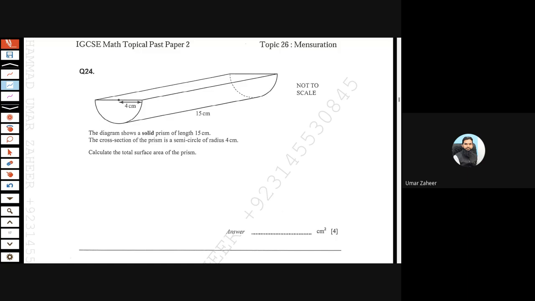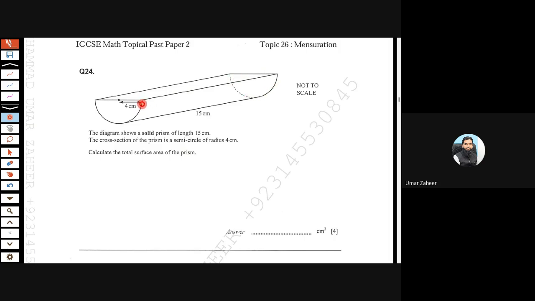Yes, this is an interesting one. The diagram shows a solid prism of length 15 centimeter. The cross section of the prism is a semicircle of radius 4 centimeter. Calculate the total surface area. So look here, the surface area includes a rectangle and a semicircle.